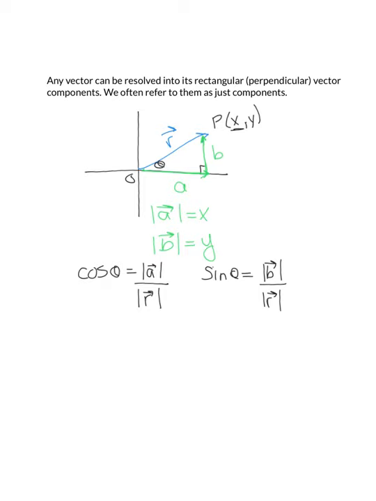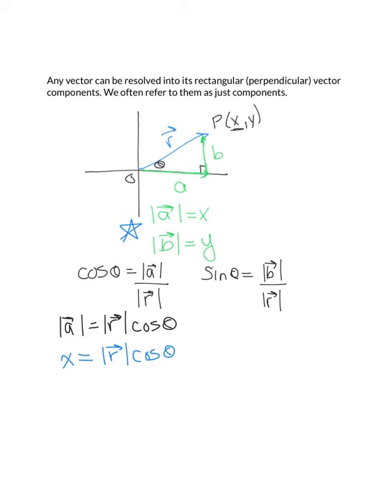I can now say that the magnitude of vector A is equal to the magnitude of r cos theta. Now, we said above that the magnitude of A is just equal to x. So really, I could say that x is equal to the magnitude of r cos theta.